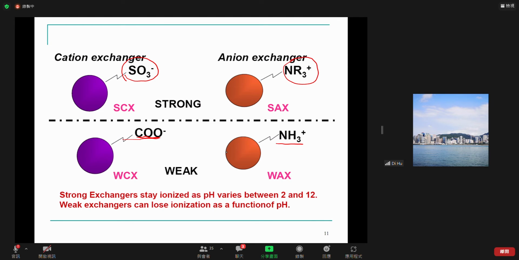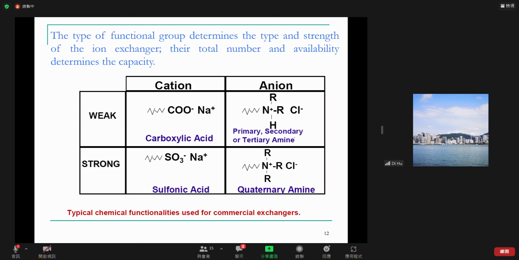We call them weak because they don't remain charged over the whole pH range. They can lose their ionization as a function of pH. So it really depends on the pKa value of the corresponding acid or base. Okay, and we mentioned that. Let's see. So this one shows the type of functional group.